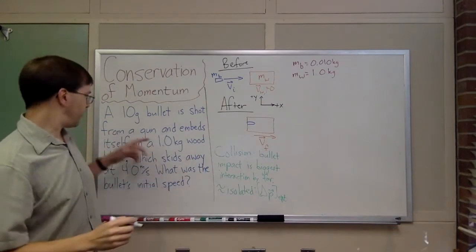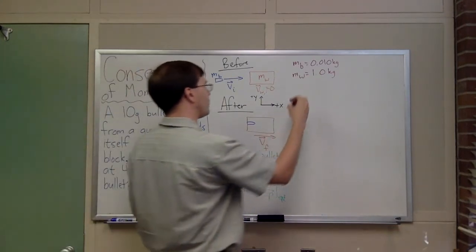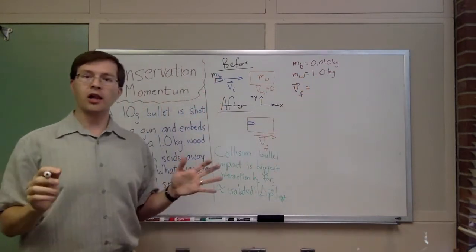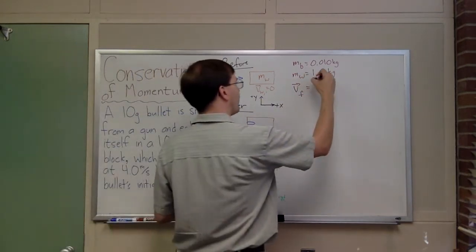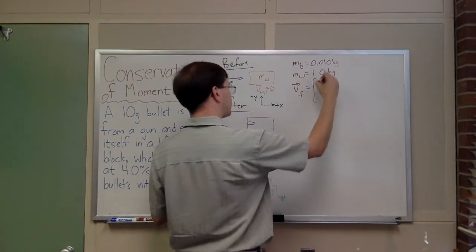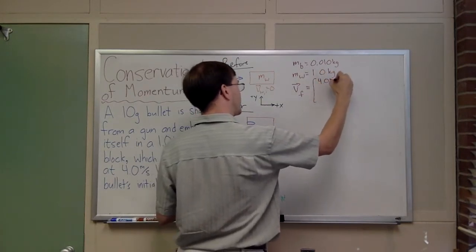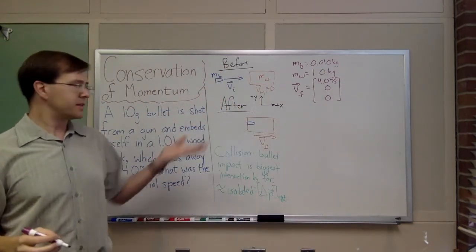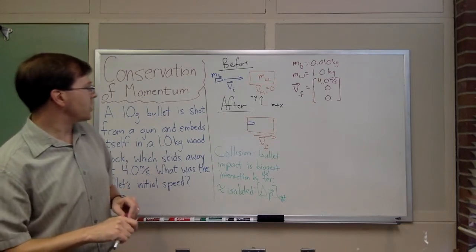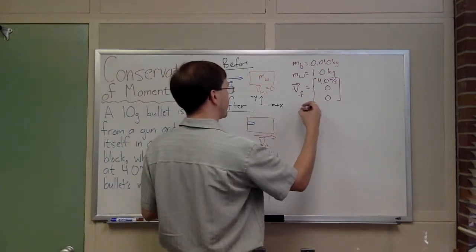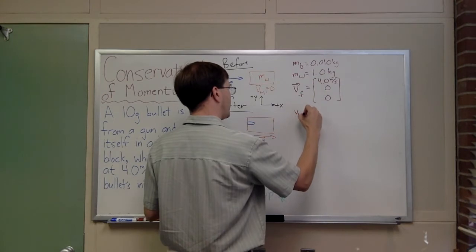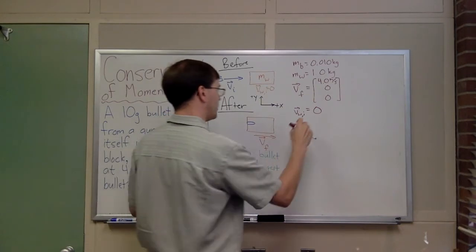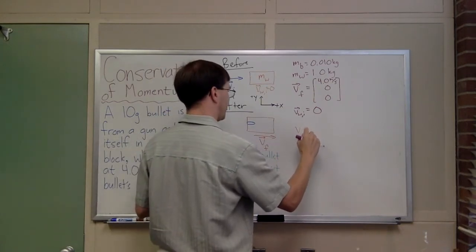I know that the final velocity vector, and I'm going to use our column vector form to write this down, is 4.0 meters per second in the x component and 0 and 0 for the y and z components of that vector. Those are my known quantities along the way. And I should say v wood initial is 0, and then my big unknown is v initial of the bullet.